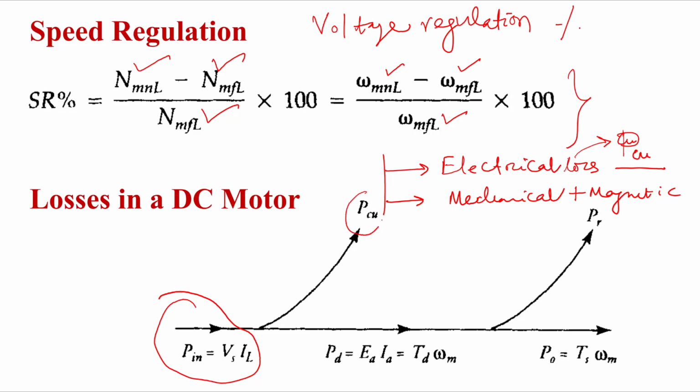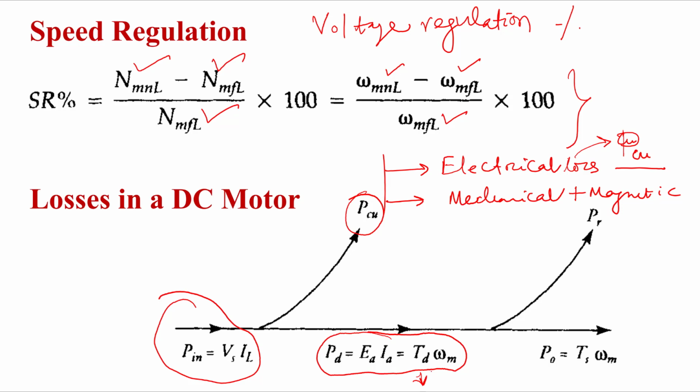Then of course we have copper loss, okay? And if we take out the copper loss, we have the developed power, that is EaIa, and that is equal to Td omega m, right? That is the developed power in the armature.